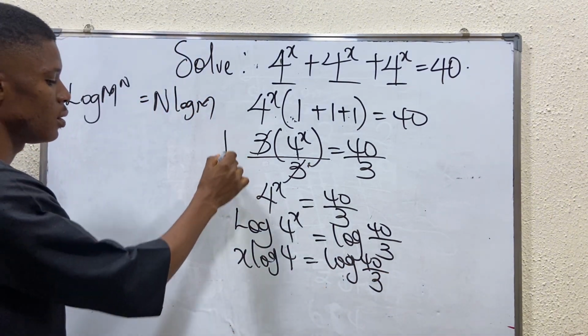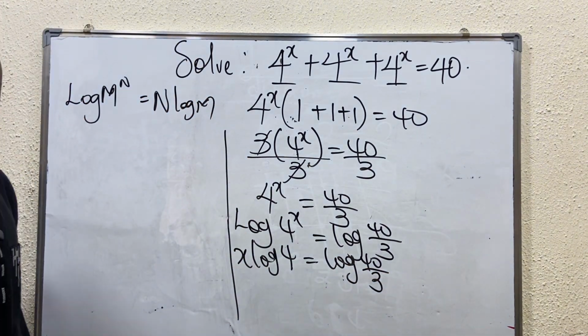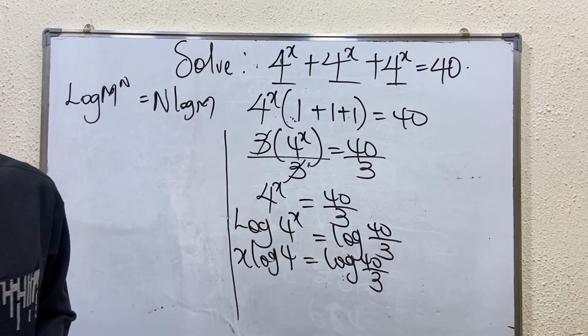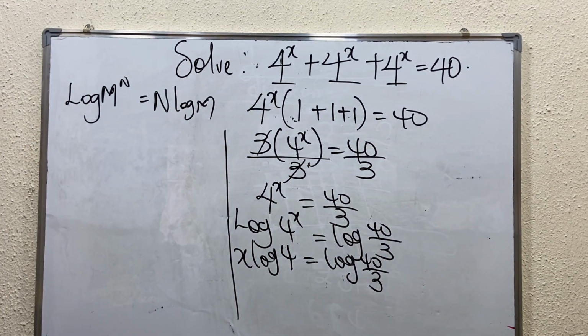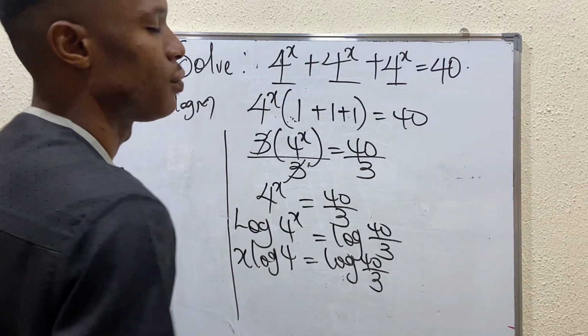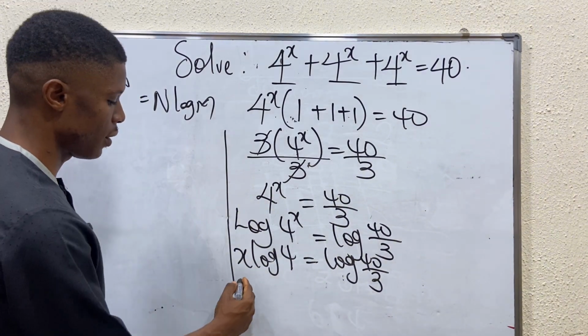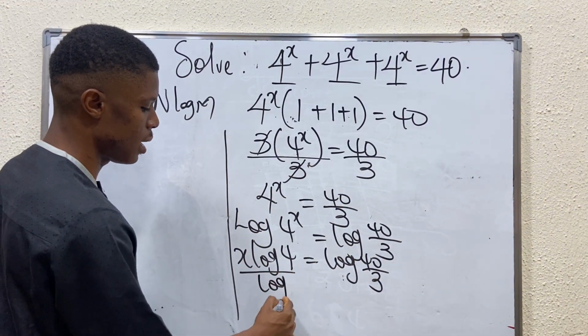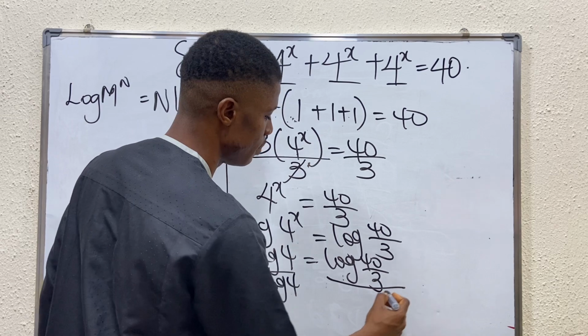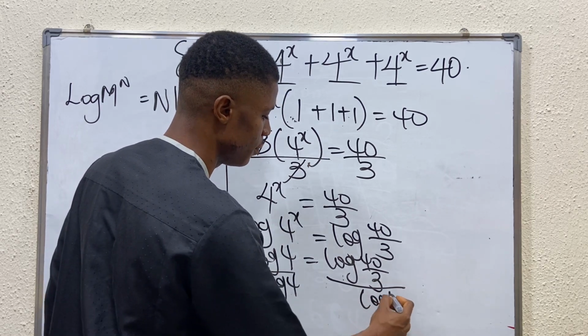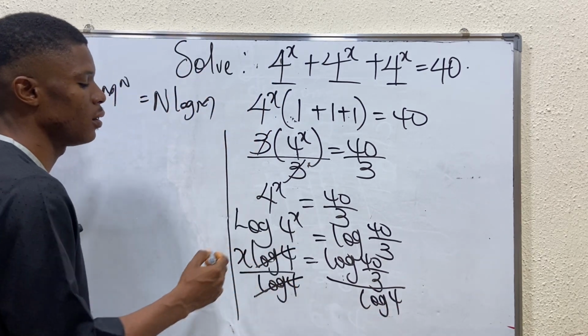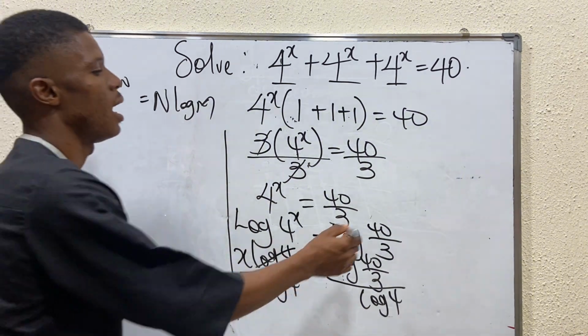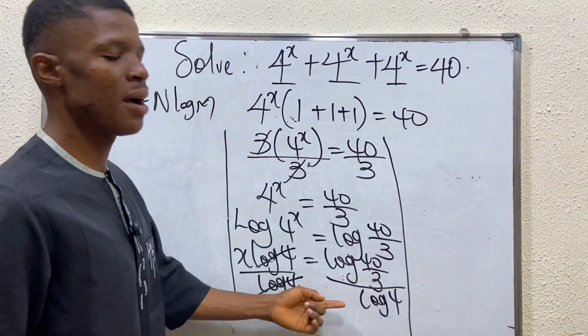For us to get the value of x, we can simply divide both sides by log 4.